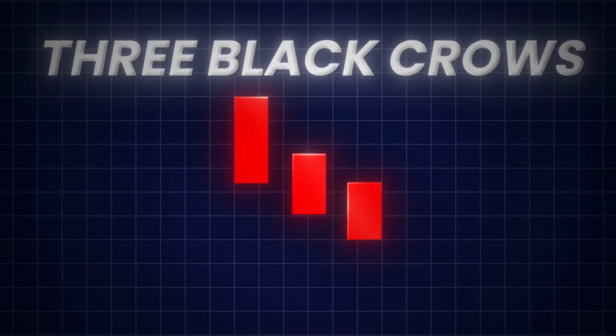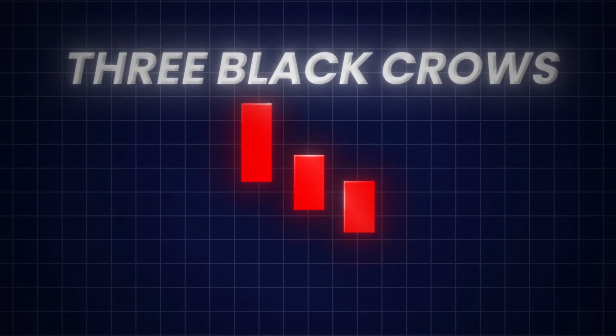Three crows, usually called three black crows, is a bearish reversal candlestick pattern made of three strong down candles in a row, usually after a move higher or uptrend. Each candle opens somewhat within the prior candle's body and then closes lower than the previous close, showing sellers are taking control step by step.